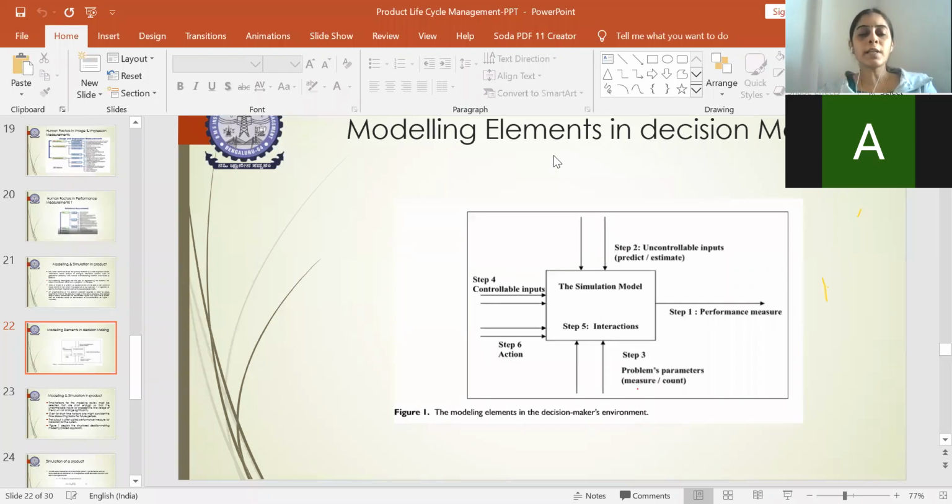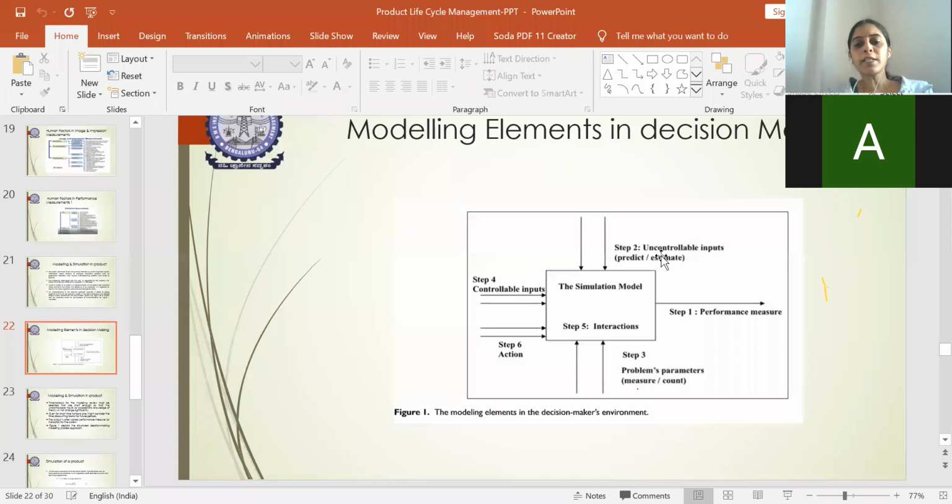If the modeling system is not related to the product you have to manufacture, then it shows that the modeling elements you have selected are not right. The parameters of the elements selected are not right. So you should be very careful in identifying the elements as it makes a decision making orientation for the particular product.